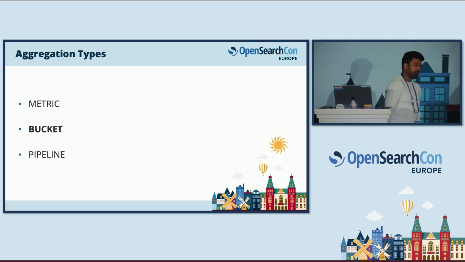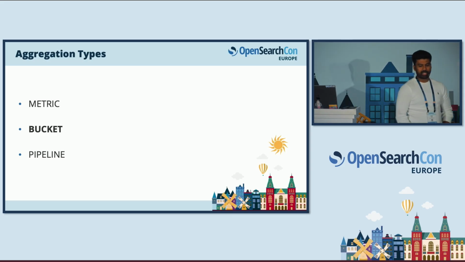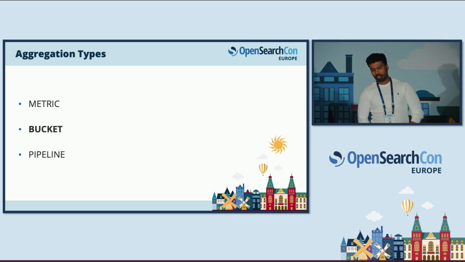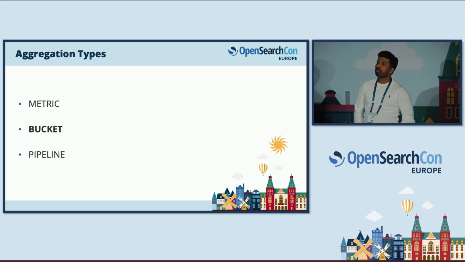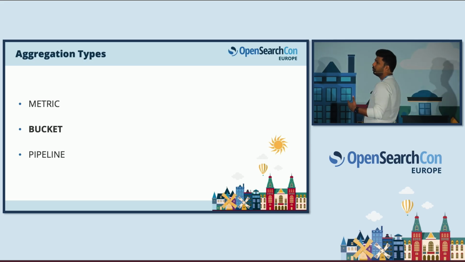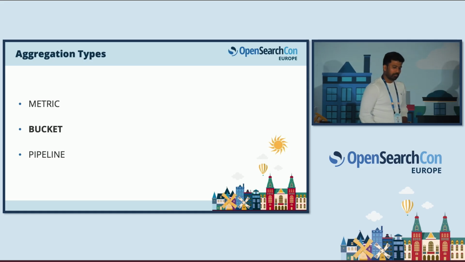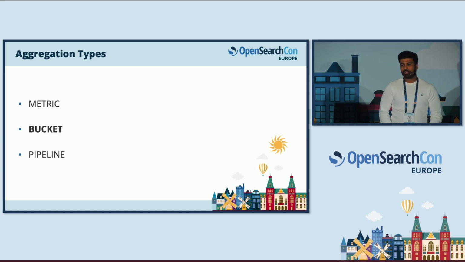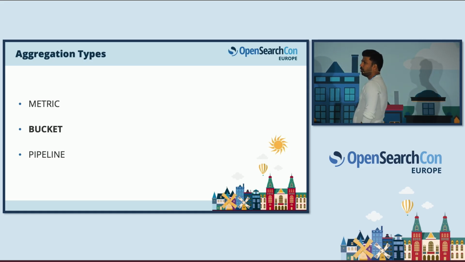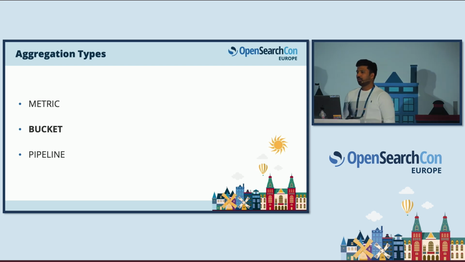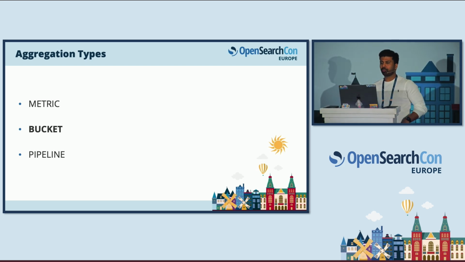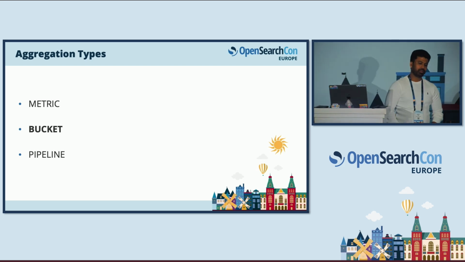Let's quickly talk about the different aggregation types that we have in Opensearch. At a high level, we mainly have 3 types of aggregation. Metric, which can be used to compute min, max, sum, or average. We have bucket aggregation, which can be used to group documents together and count, like date histogram, terms, or ranges.